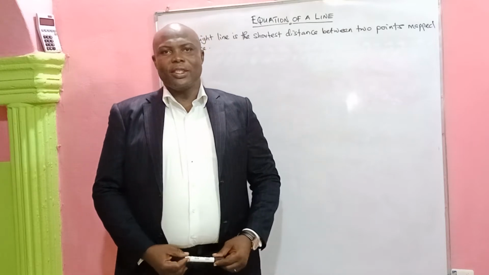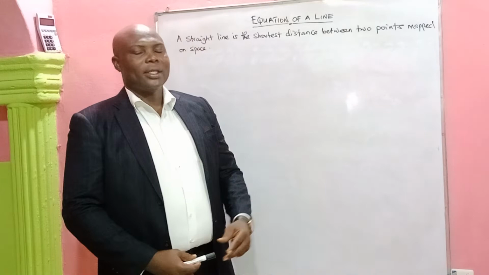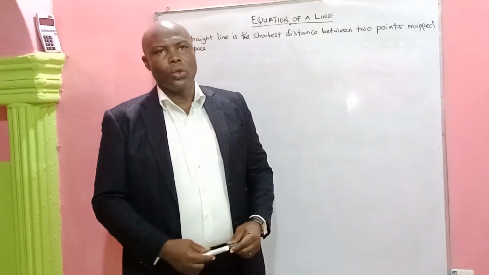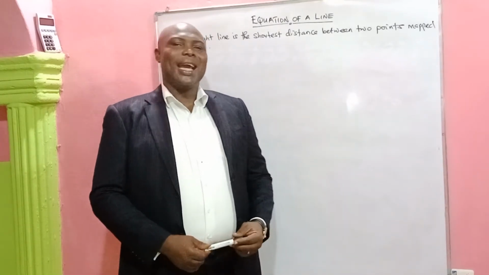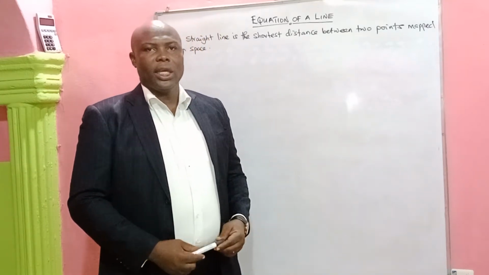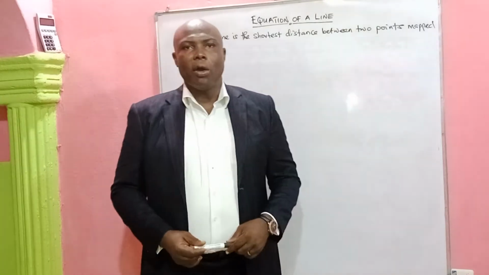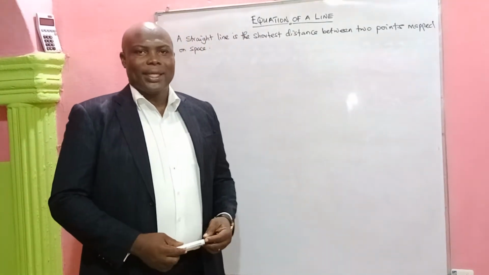My name is Mr. Mike Omini, and in Simplified Maths class today I will be presenting to you equations of a line, which is coordinate geometry. Coordinate geometry is the overall topic, and the subtopic is equation of a line. What is a line?